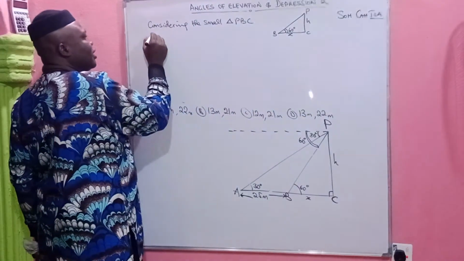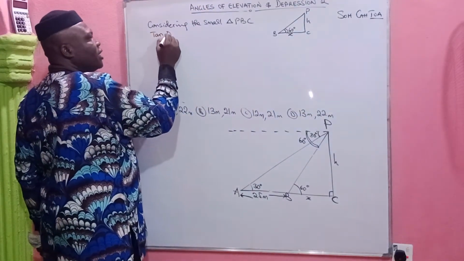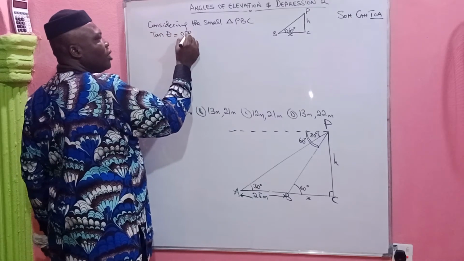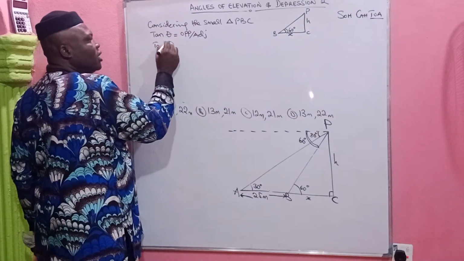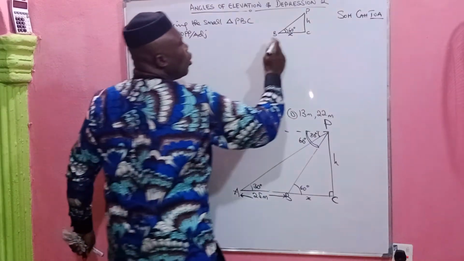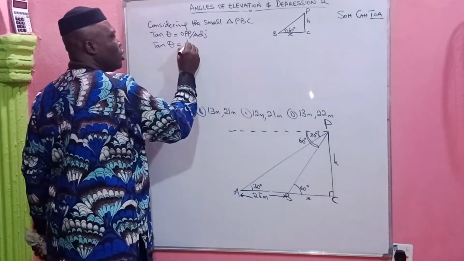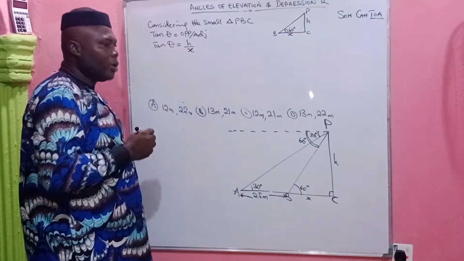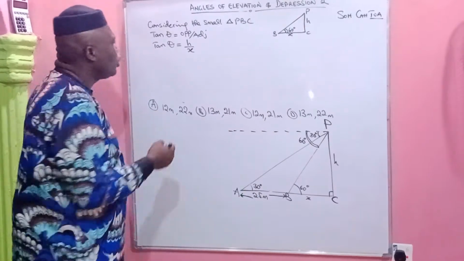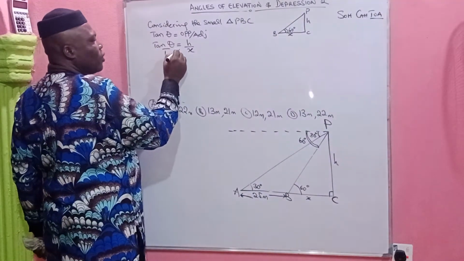So we are going to say tan theta is equal to opposite over adjacent. So which means tan theta will be equal to the opposite, H, all over the adjacent, X, that we are looking for, because we want to find X before the H. So we'll make this over 1 and cross multiply.